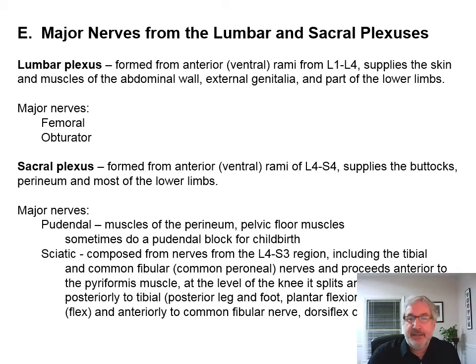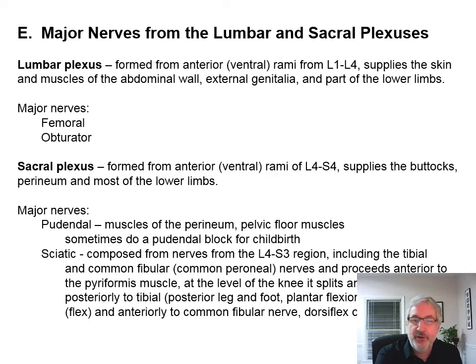The sacral plexus is formed from the anterior ventral rami of L4 through S4, supplying the buttocks, perineum, and most of the lower limbs. The major nerves are the pudendal and the sciatic nerves. The sciatic nerve is composed of nerves from the L4 to S3 region. It's a very large nerve, really big around.